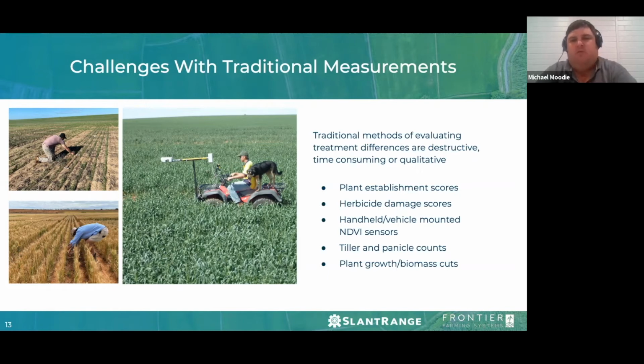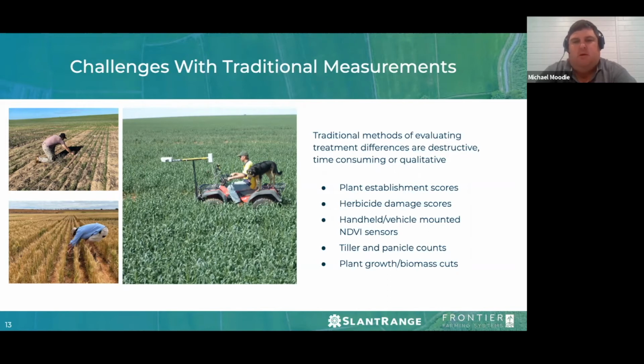They're often time consuming, or another drawback of some of these is they're qualitative. So they're basically somebody's assessment of what's happening, and therefore, from user to user, the person making the assessment has some bias around how they're seeing what they're seeing in the plot.